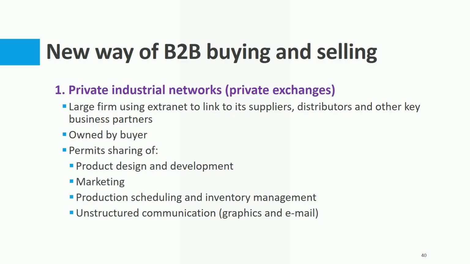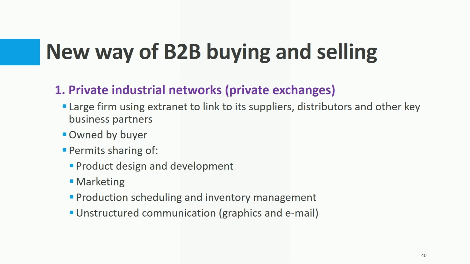So let's move on to the next slide. This slide continues the discussion of the way the internet and web technologies have changed B2B e-commerce. One way is in using an extranet to link to the firm's suppliers.